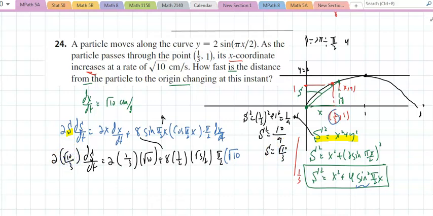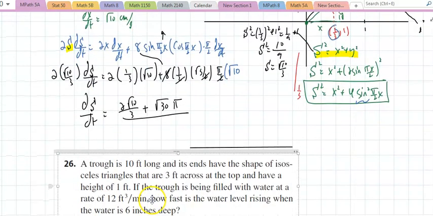And now I could say ds/dt will equal, and you know what all of that means, twice radical 10 over 3, plus, you could simplify those, cancel that, you're looking at radical 30 pi, all divided by 2 radical 10 over 3.